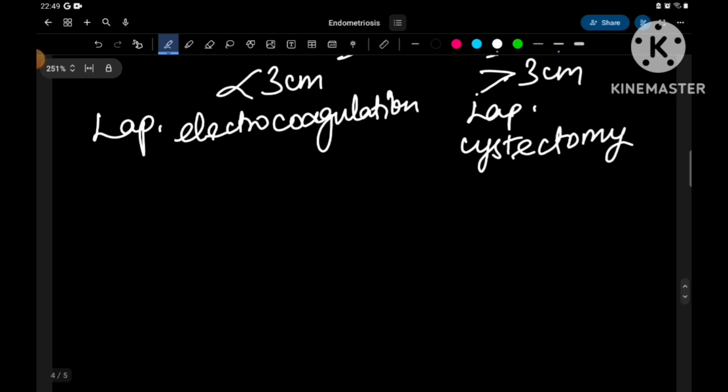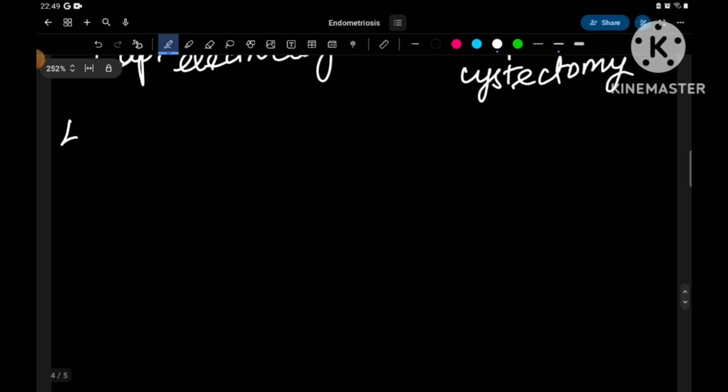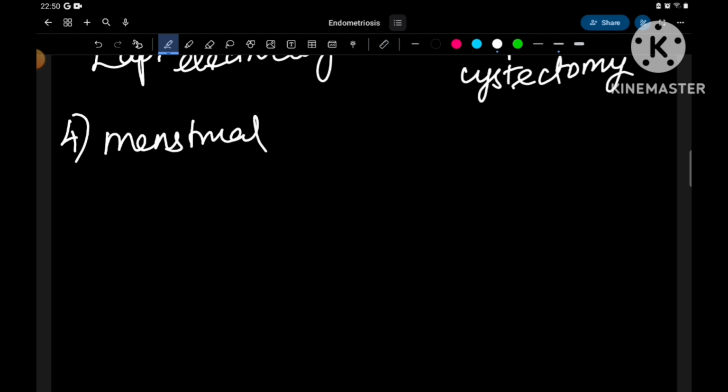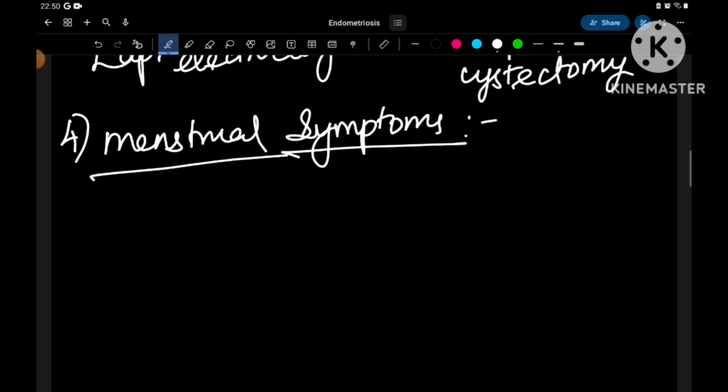Okay. Next, what is the fourth? It is menstrual symptoms, right? The fourth one is menstrual symptoms. Mainly menorrhagia is present. Writing it fast so that we cover it within time.